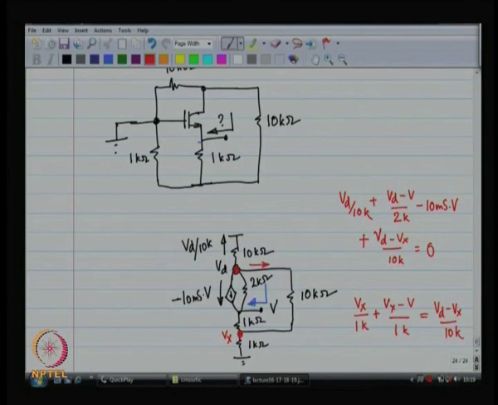So, we have got these two equations with two unknowns Vd and Vx, two simultaneous equations. These need to be solved, and you need to figure out what is Vd, what is Vx.